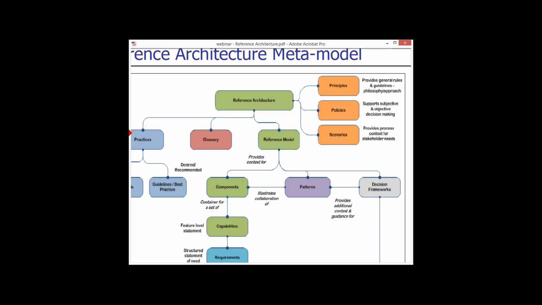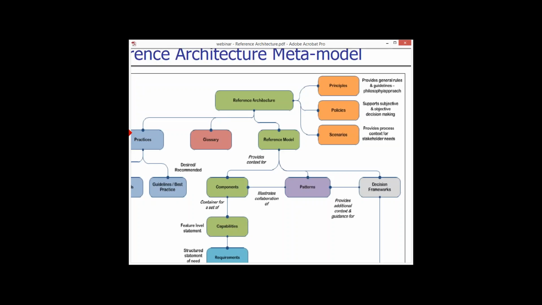So what we're doing here is looking at a meta model of a reference architecture. So it's kind of a model of how to construct a good reference architecture. Now, in an ideal world, you would have all these things. In a less than ideal world, you might have a lot of reference architectures that only have partial or maybe some of these areas not represented at all.